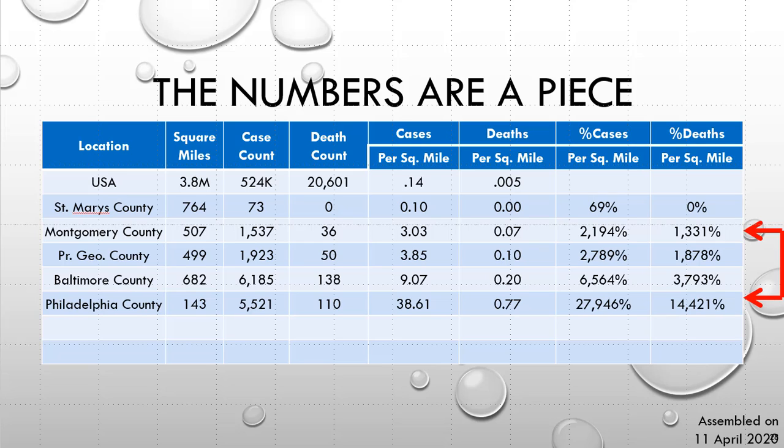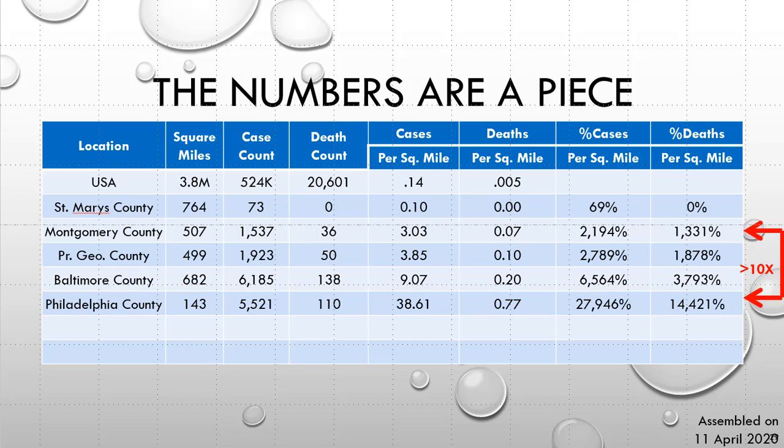If you look at Montgomery County versus Philadelphia County, I was shocked to realize that there's approximately a 10 times increase in case rate and death rate between those two counties when you look at it from a viewpoint of population density.